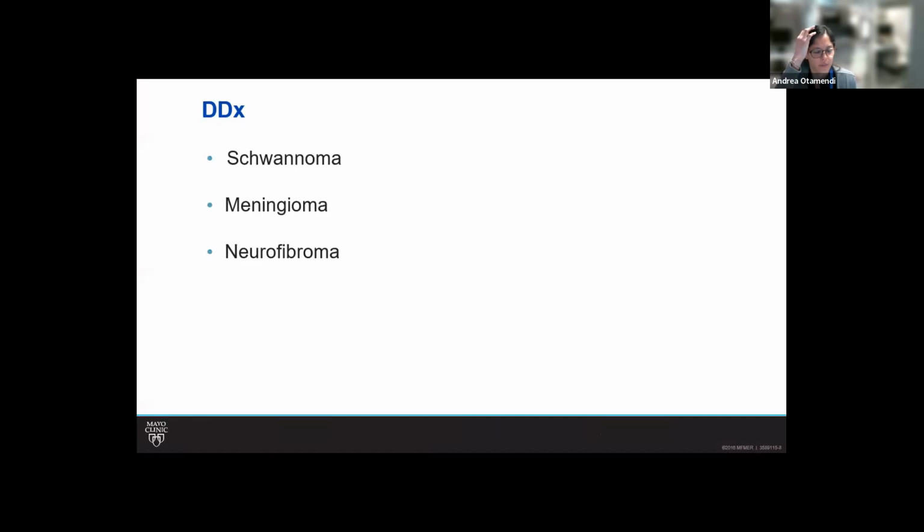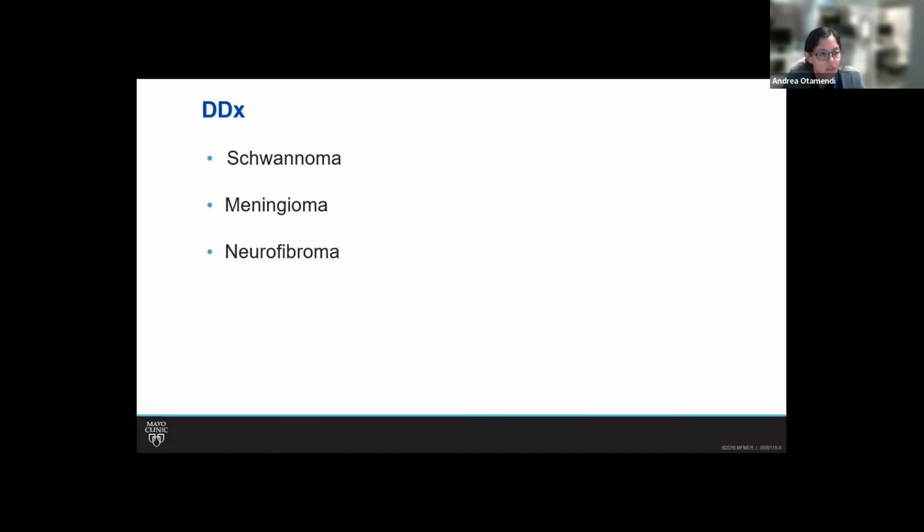So as mentioned, given the radiographical characteristics, on the top of our differential we will have schwannoma, which is also the most common intradural extramedullary spinal tumor, followed by meningioma and neurofibroma.